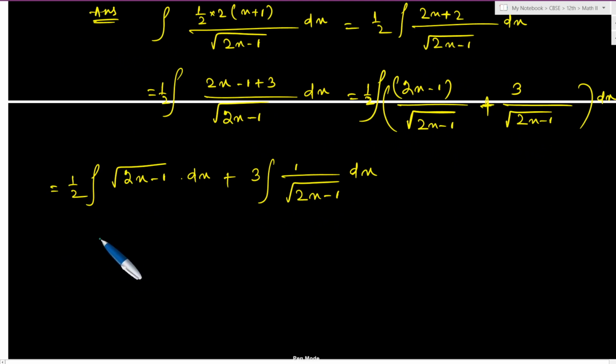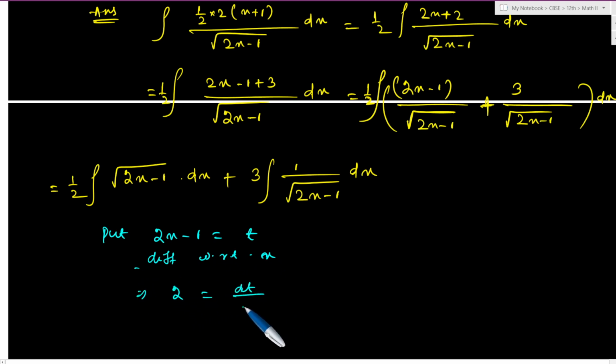ठीक है, क्या करेंगे, you use substitution method, put 2x minus 1 is equal to t, write down differentiate both sides with respect to x. So this will become 2 equal to dt by dx. So dx becomes dt by 2.